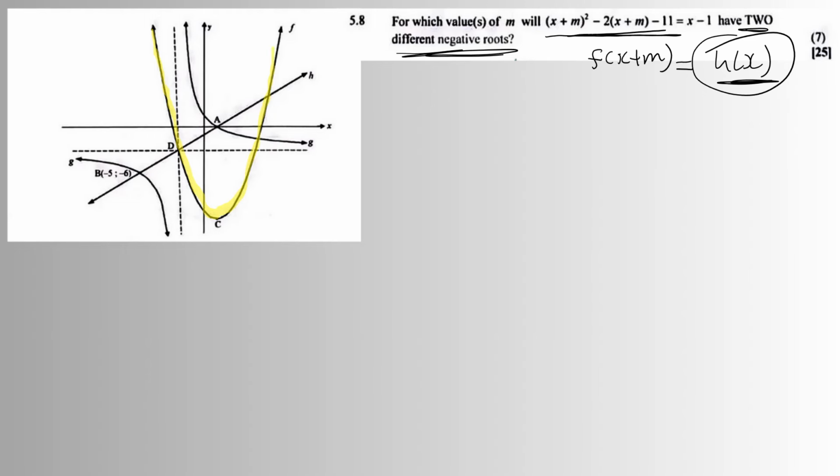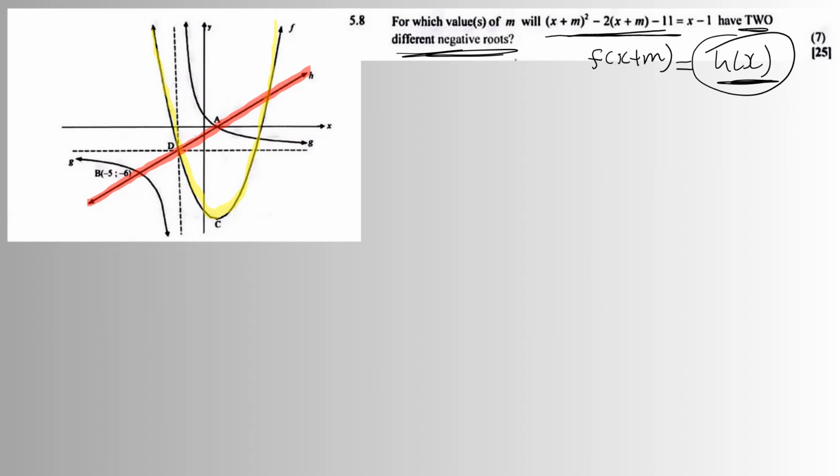That's the idea, right? So the graph that we are shifting, really, it's this one of f, right? And obviously we are shifting it to the left because we are saying plus m. So how can I shift that such that when it's shifted to the left, it will still be intersecting with the one of h. This is the one of h, right? Such that it will still be intersecting, but where they are intersecting, there must be 2 roots. That is the x values, they must be 2 negative and must be different, right?